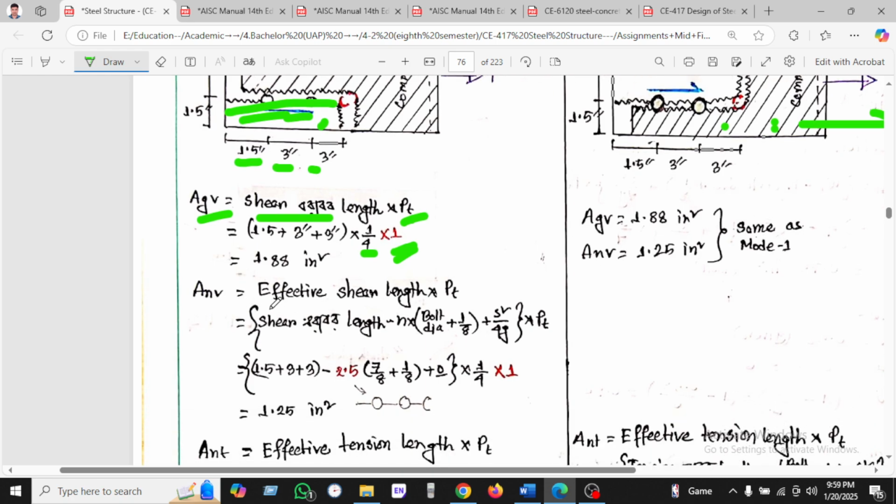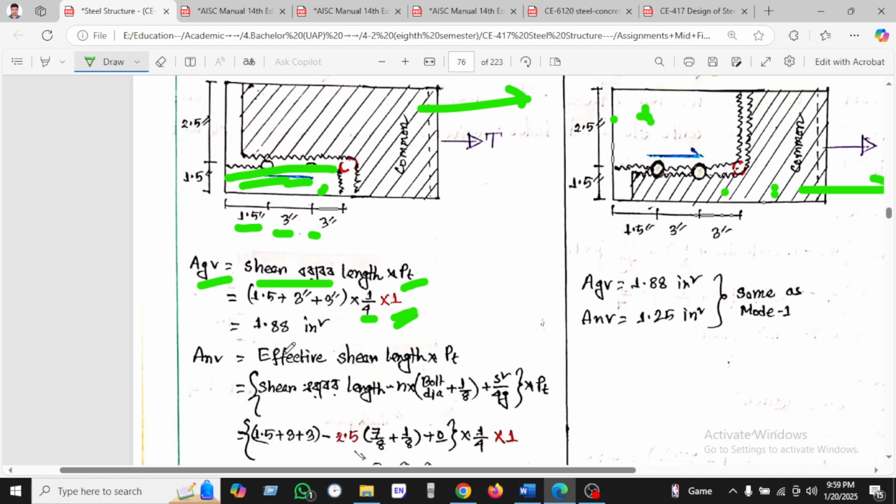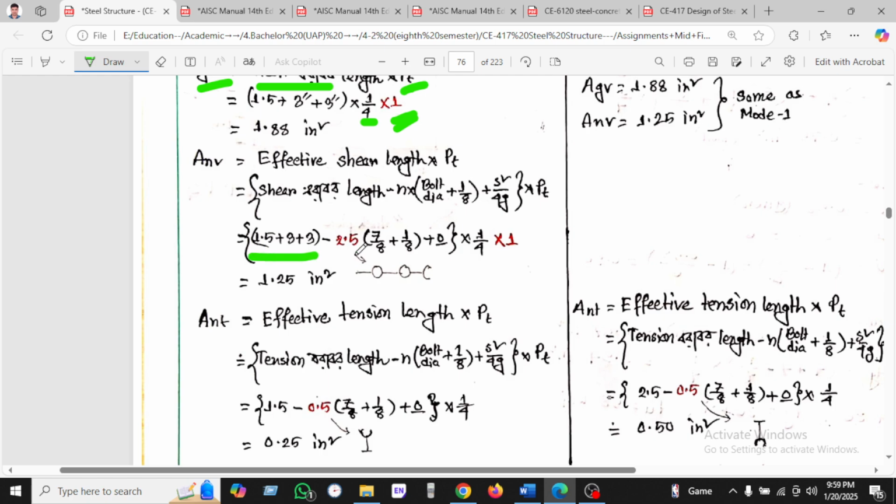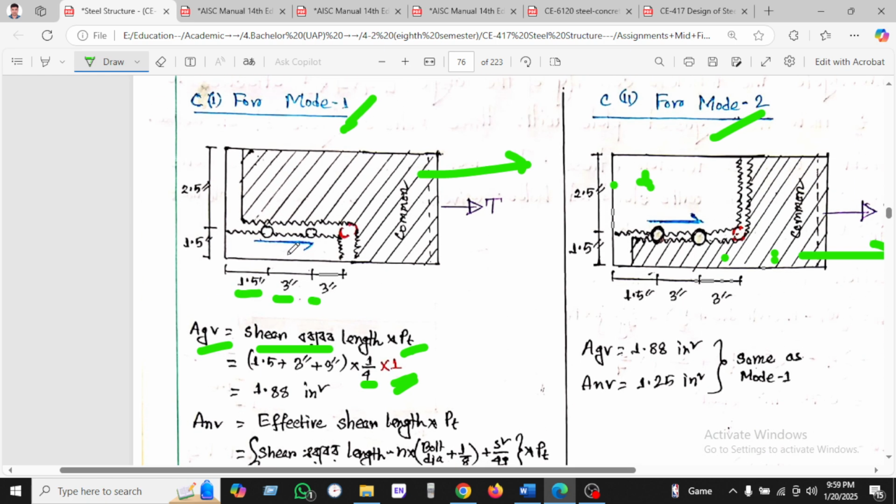So the effective shear length is the length along the shear. If we see here, it is 1.5 plus 3 plus 3, that is 2.5. Why do we call it 2.5? As we see the three bolts, this bolt and this is the half bolt.